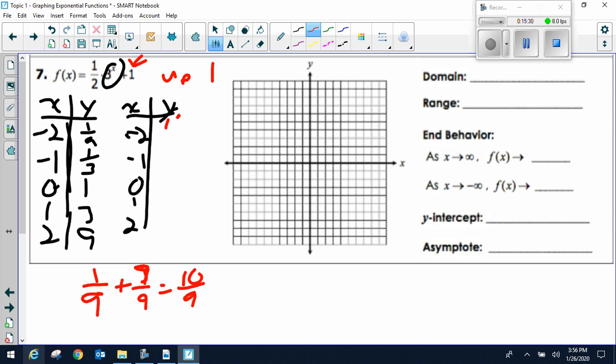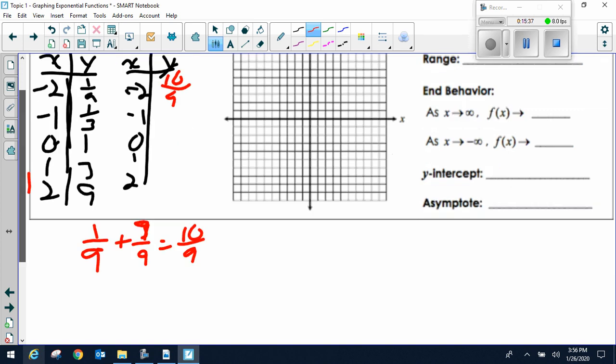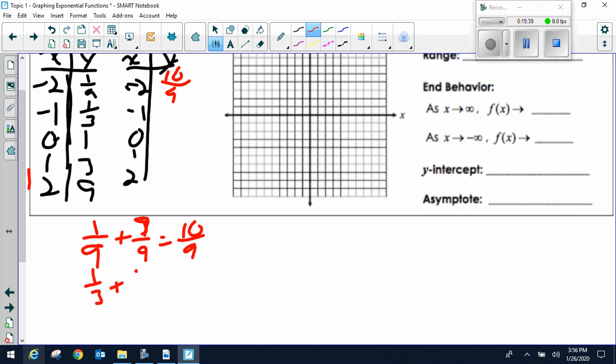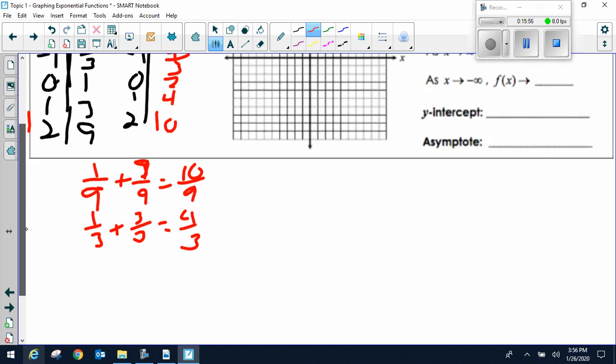That's where my new y value is going to be. 1/3 plus 1 would be 4 over 3. Zero plus 1 would be at 2. 3 plus 1 would be at 4. And 9 plus 1 would be at 10. So there's my new values.